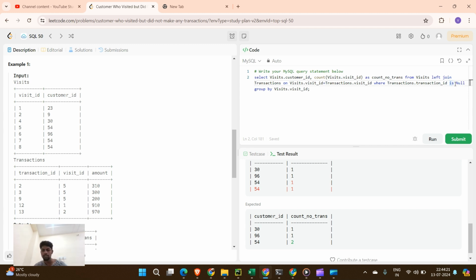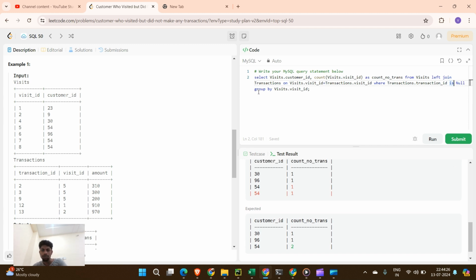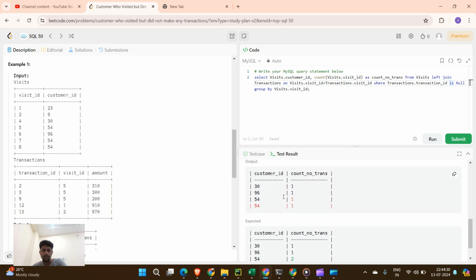We have to check the condition where transaction ID is null, and we have to group by based on what? Visits dot visit ID.